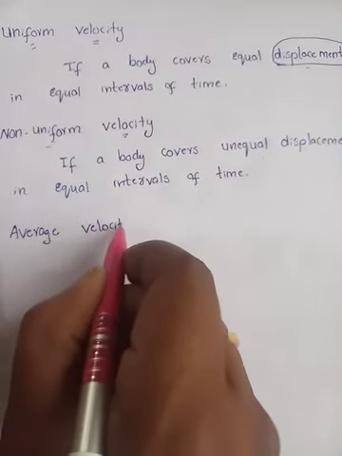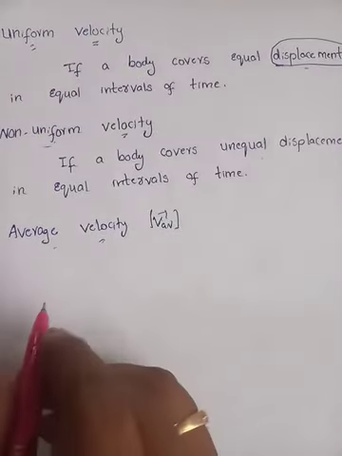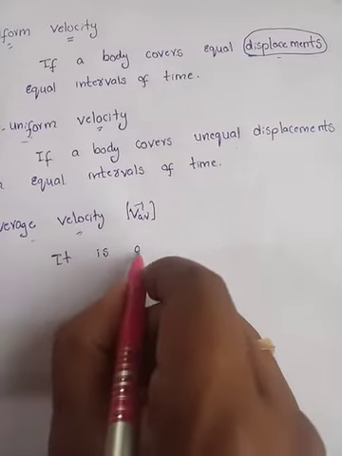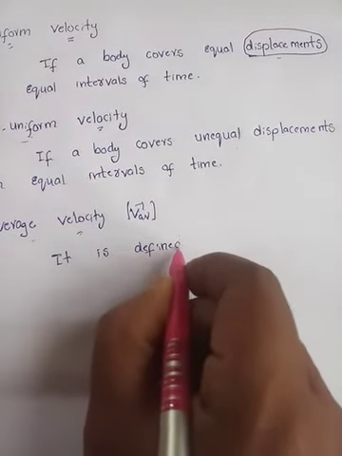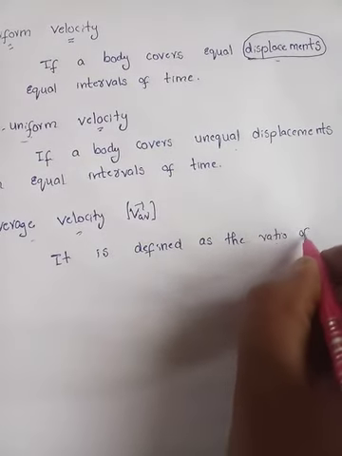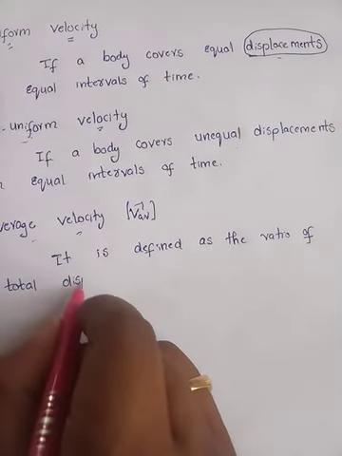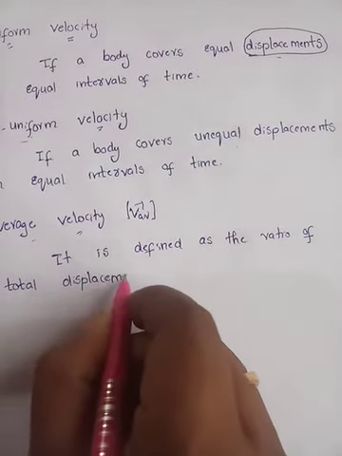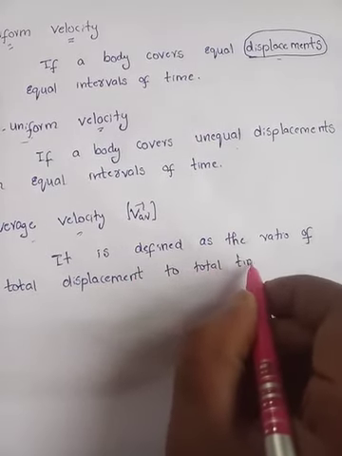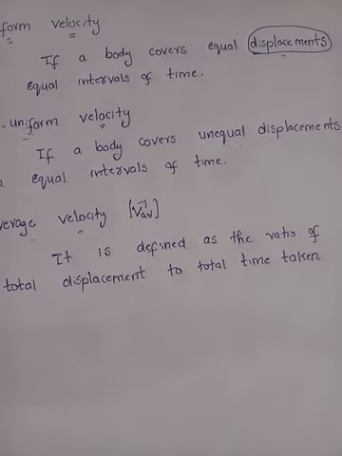Next, you can define average velocity, V average. What is average velocity? It is defined as the ratio of total displacement to total time taken.